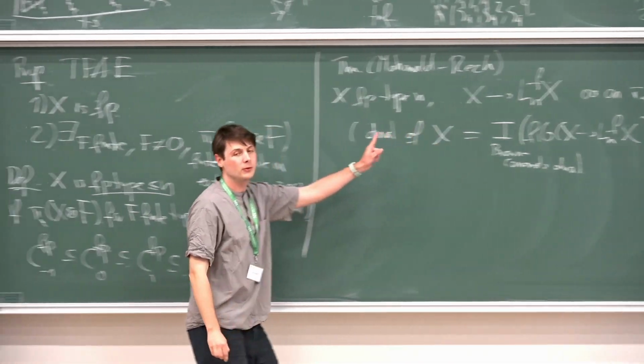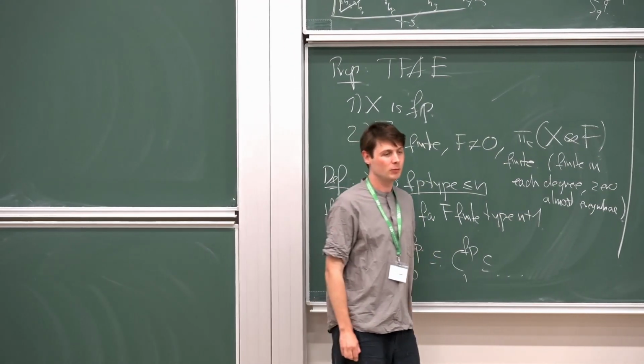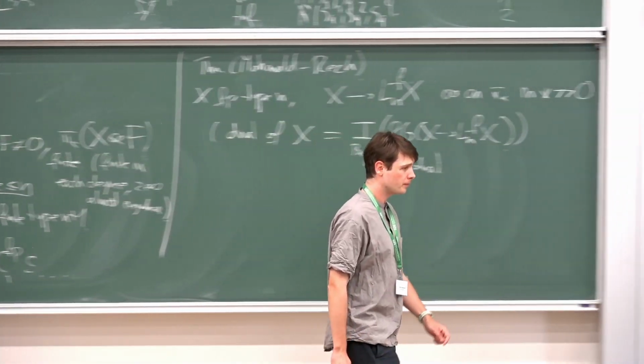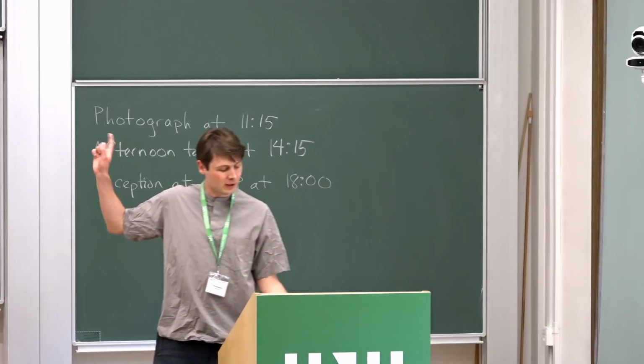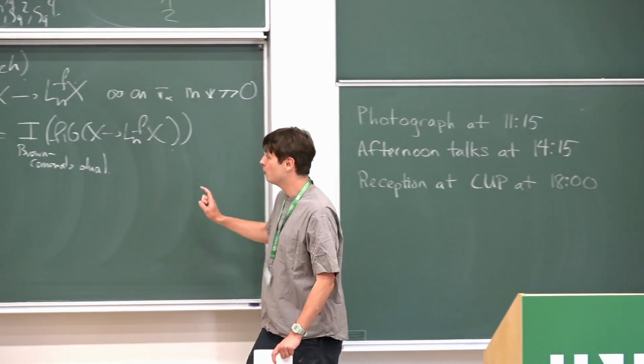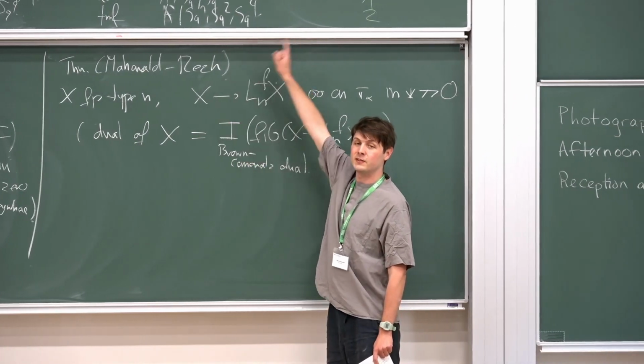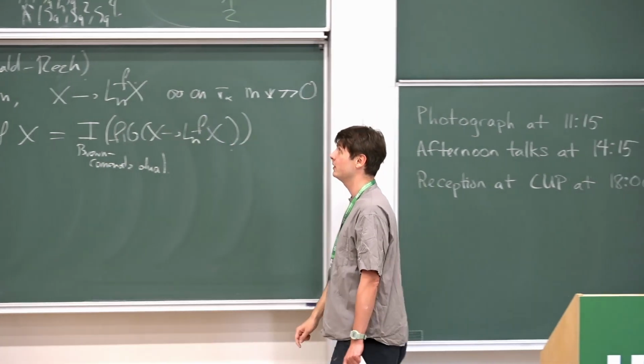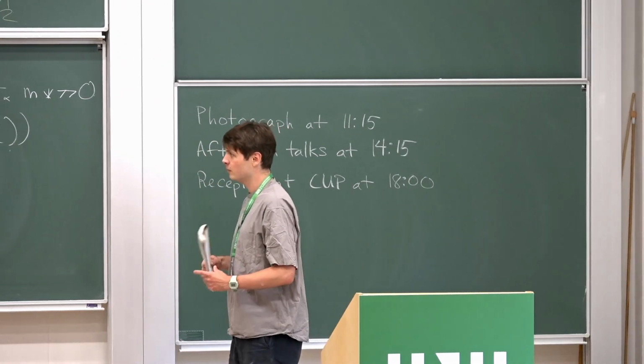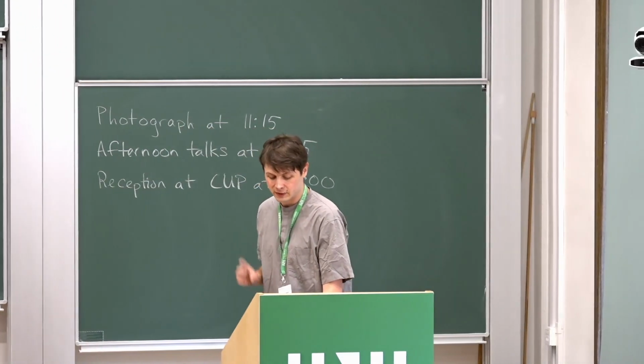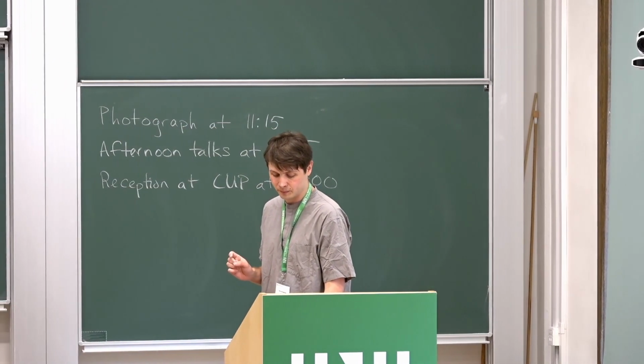And they show that if you do this construction twice, then you end up with the original spectrum. And also, on the level of cohomology, the cohomology of this spectrum is in a certain sense dual, in a sense they define, to the cohomology of X. So this is some very interesting self-duality of this category.